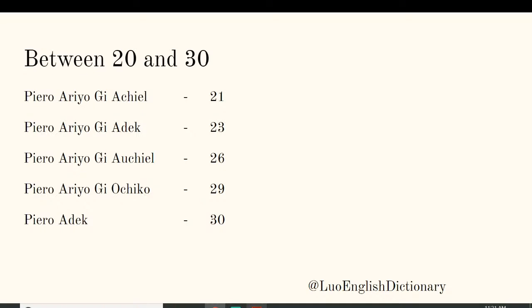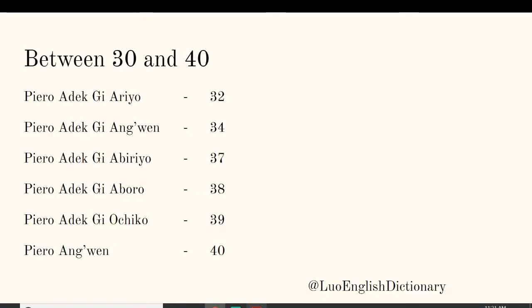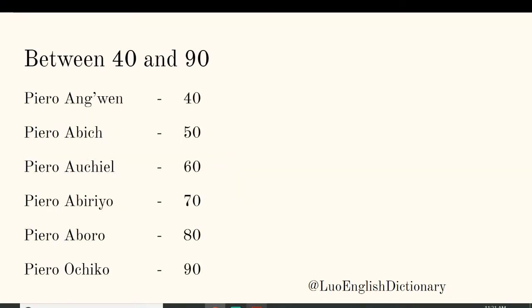So that is a trick in counting, and what I would like you to do is take your pen and paper and write these things down. See this: piero angwen, piero abich, piero auchiel, piero abiriyo, piero aboro, piero ochiko, and piero apar achiel.